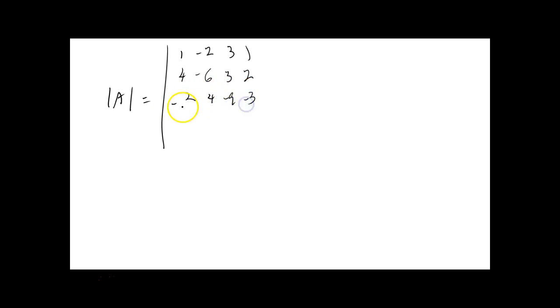Here we have determinants of two matrices. Here's the determinant of A. That would be the determinant of 1, negative 2, 3, 1; 4, negative 6, 3, 2; negative 2, 4, negative 9, negative 3; and 3, negative 6, 9, 2.